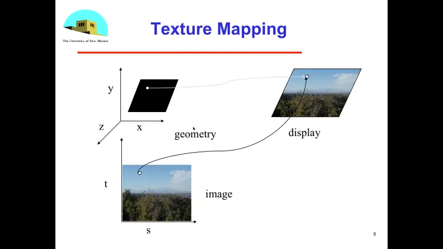So here's a little picture of a texture map in a very simple case, because here we have a single quadrilateral and a texture image which is rectangular, and mapping that texture image to the surface is pretty straightforward, even though this polygon may be tipped.